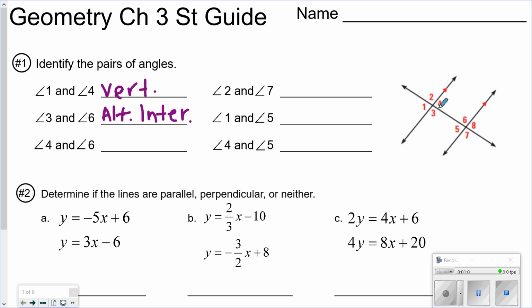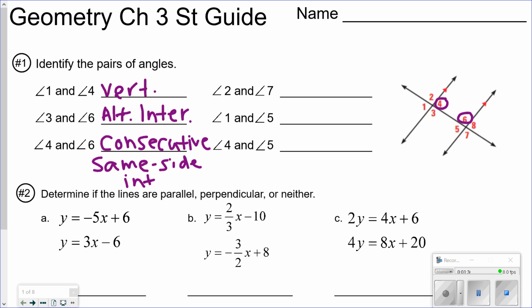Angles 4 and 6. These would be consecutive, also known as same side interior. Angles 2 and 7.